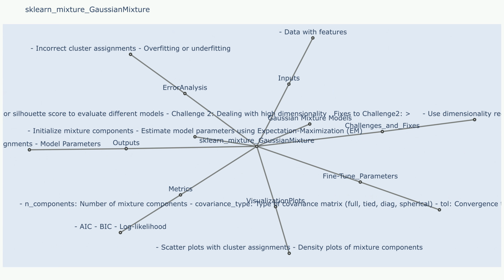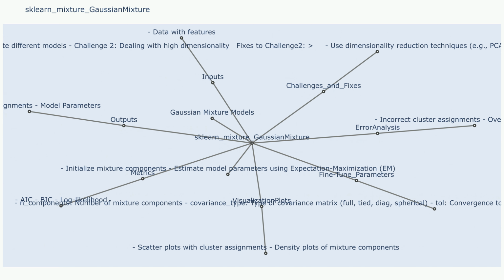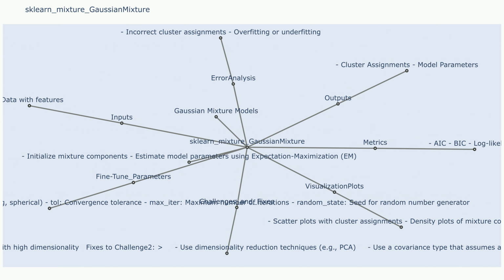Maximization step. The algorithm updates the parameters of each Gaussian component based on the responsibilities calculated in the expectation step. Repeat. The expectation and maximization steps are repeated until convergence, meaning the parameters no longer change significantly.